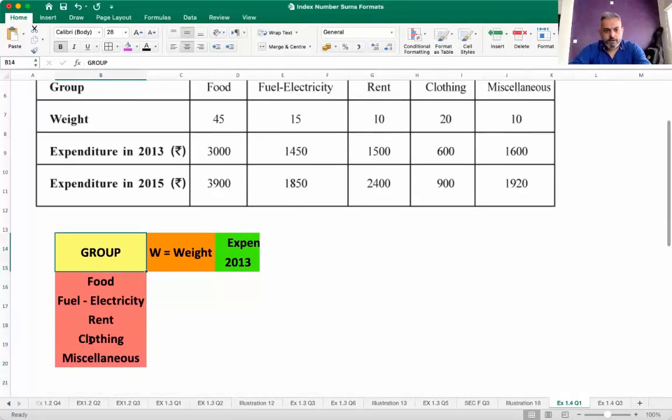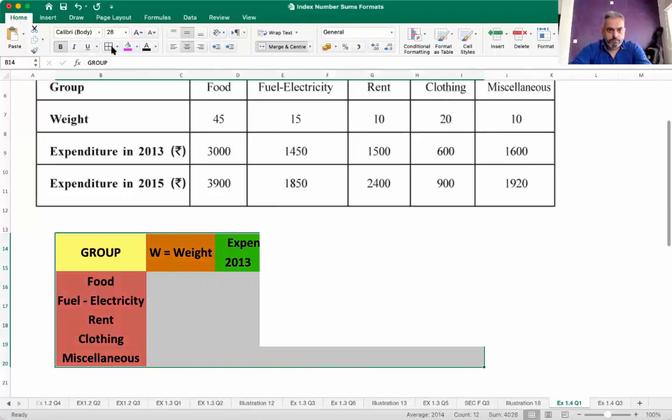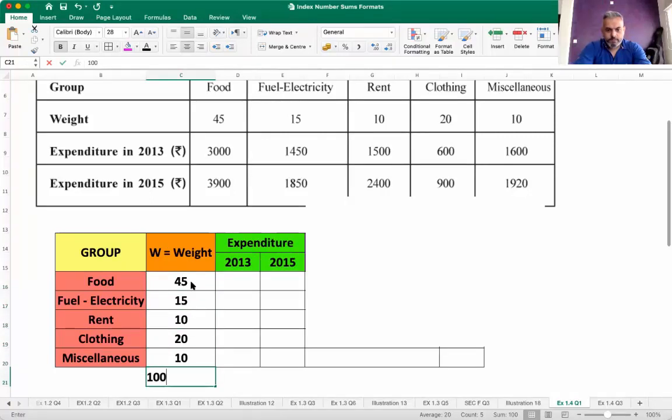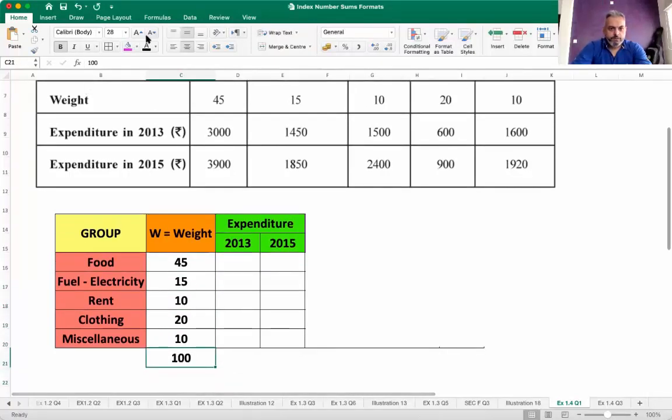Let me make a table. 45, 15, 10, 20, 10. Let's see the total, 100. This we will be using.